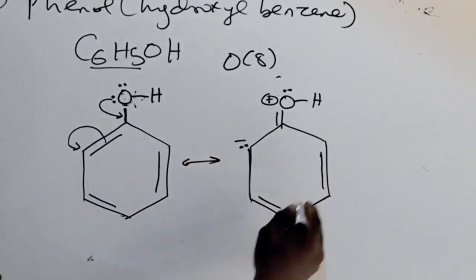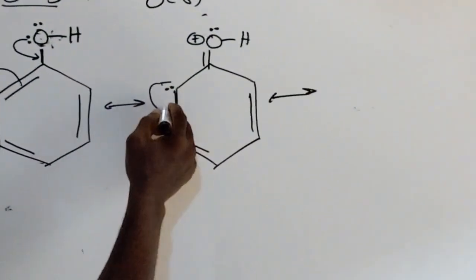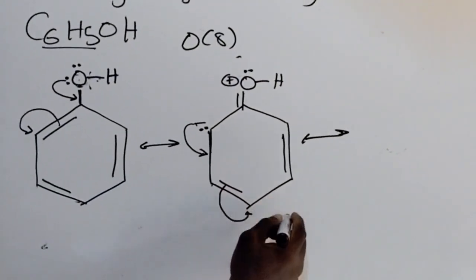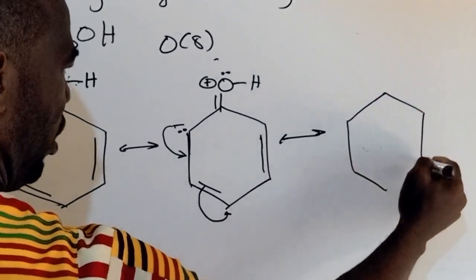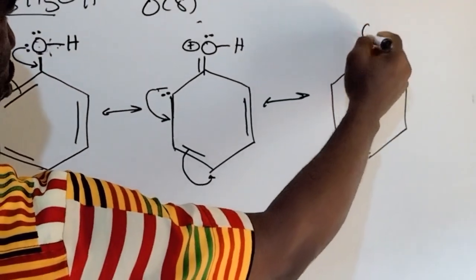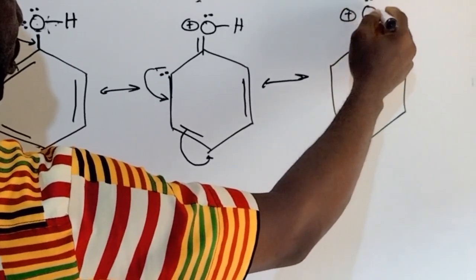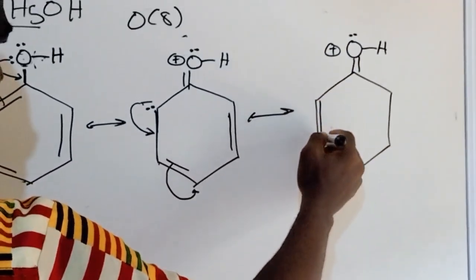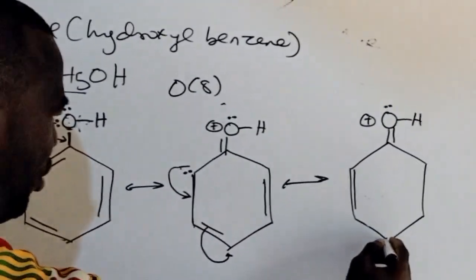Then also, we can shift this electron here to form a pi bond here, while this one shifts to this point. So we now have this produced. We have the electron deficient oxygen atom or hydroxy group up, then a pi bond formed here, and this carbon becomes negatively charged.